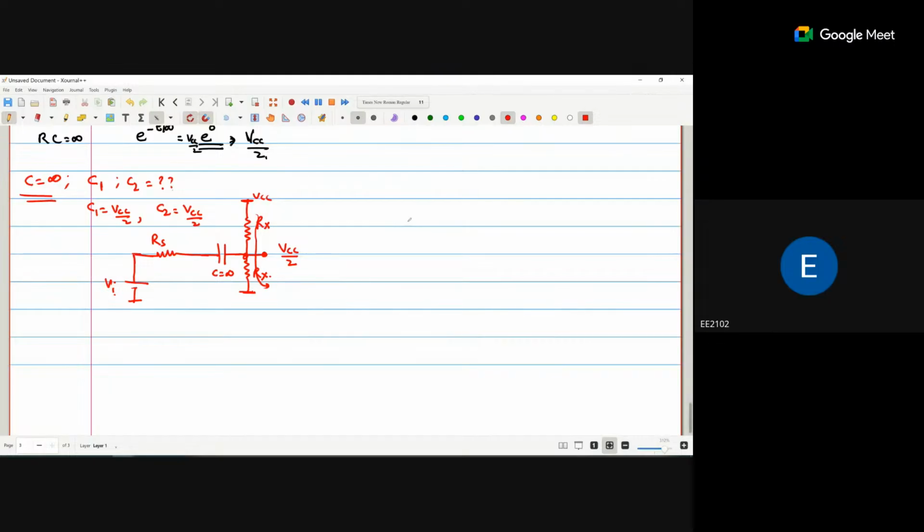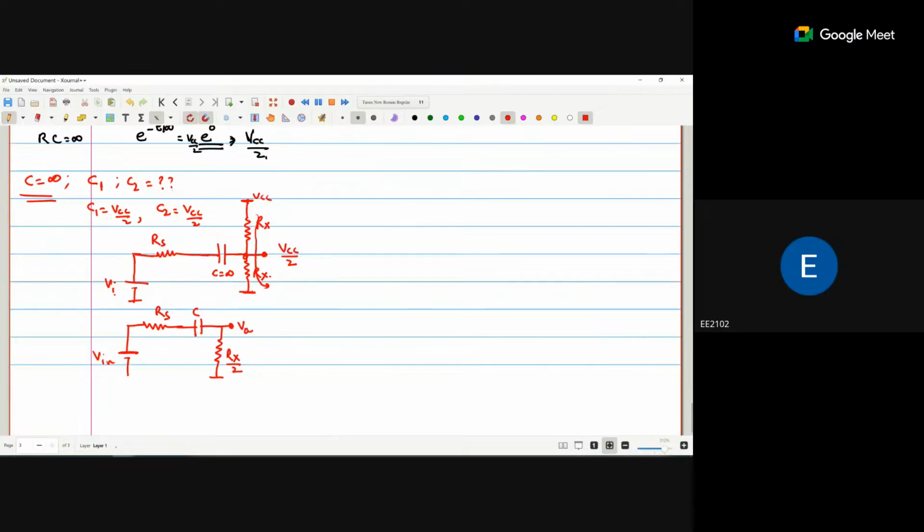Can I draw this: ground, Vin, this is the RS, C and RX by 2. This is the VA.